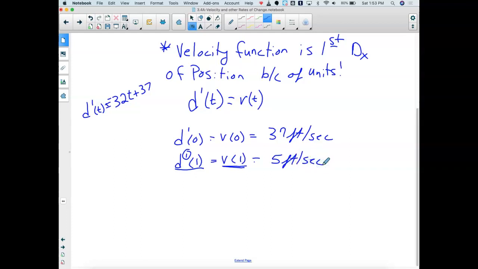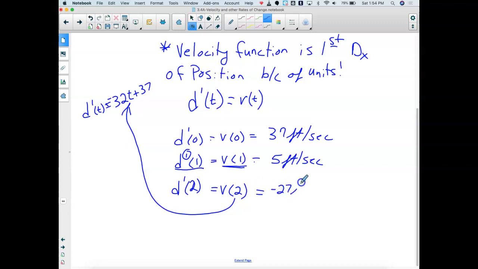How about my velocity at 2 seconds? Well, remember, that is the derivative of position at 2, and all I've got to do is plug my 2 seconds into that. What do I get? Negative 64 plus 37, negative 27 feet per second, okay?